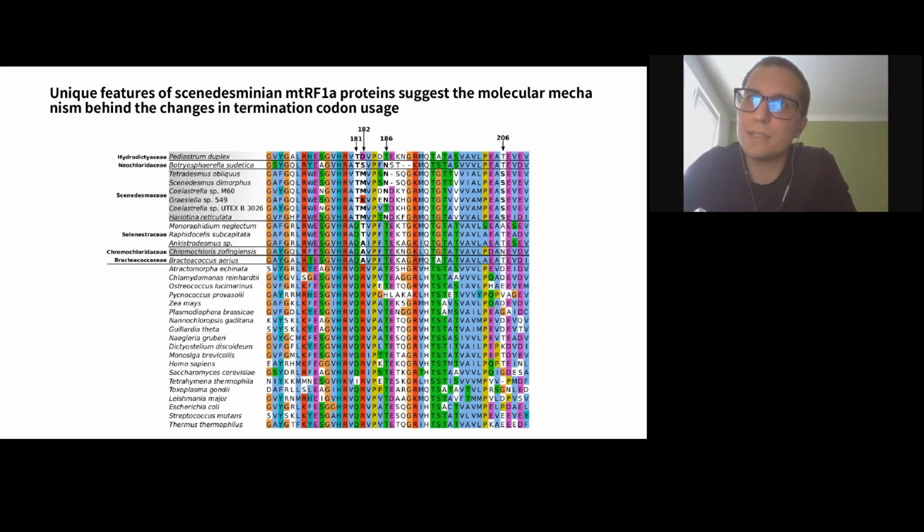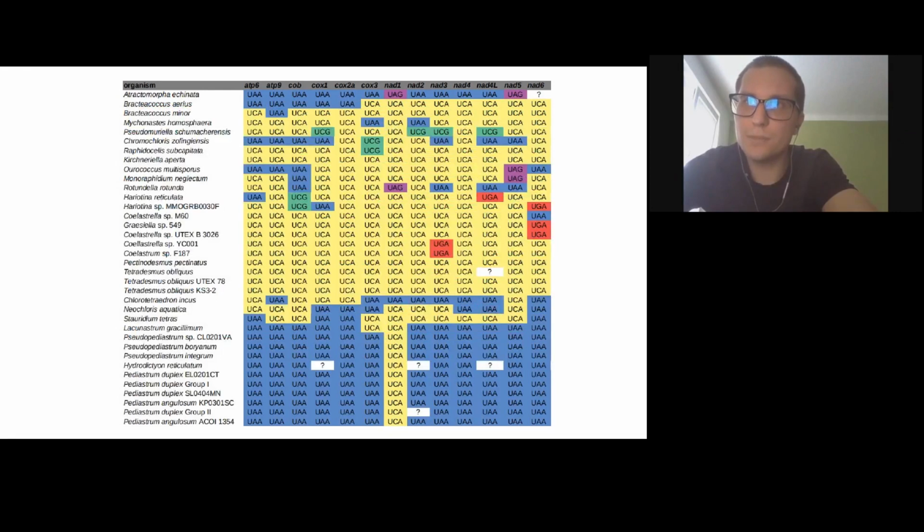You can see conserved serine here, and those two residues are typical for release factor 2. And when we checked what stop codons those organisms are using in 13 conserved protein coding genes, some of those organisms where we found those mutations are able to use UGA stop codon.